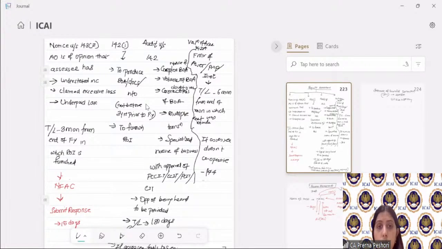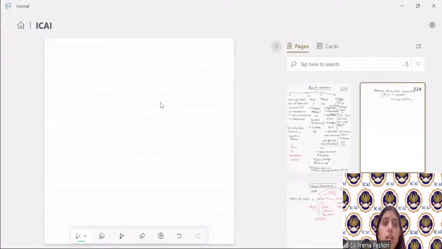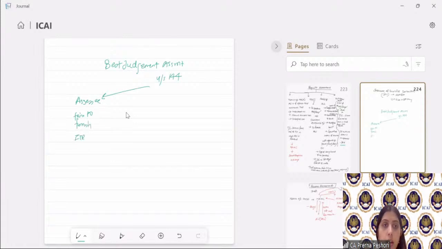So if the assessee does not cooperate under section 142A, then in that case, best judgment assessment under section 144, right? If the assessee fails to furnish ITR under section 139.1, 139.3 or 139.4, right?